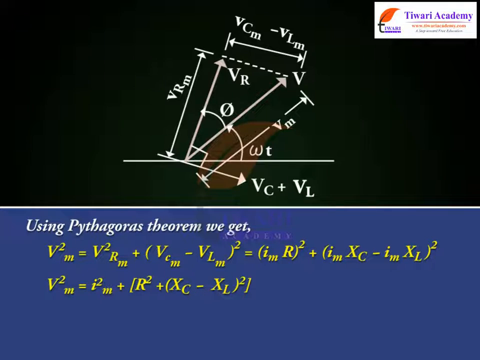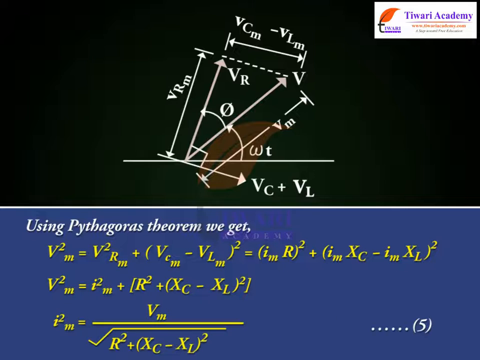Vm square equals Im square times (R square plus (XC minus XL) whole square). Im is equal to Vm by square root of R square plus (XC minus XL) whole square. Equation 5.